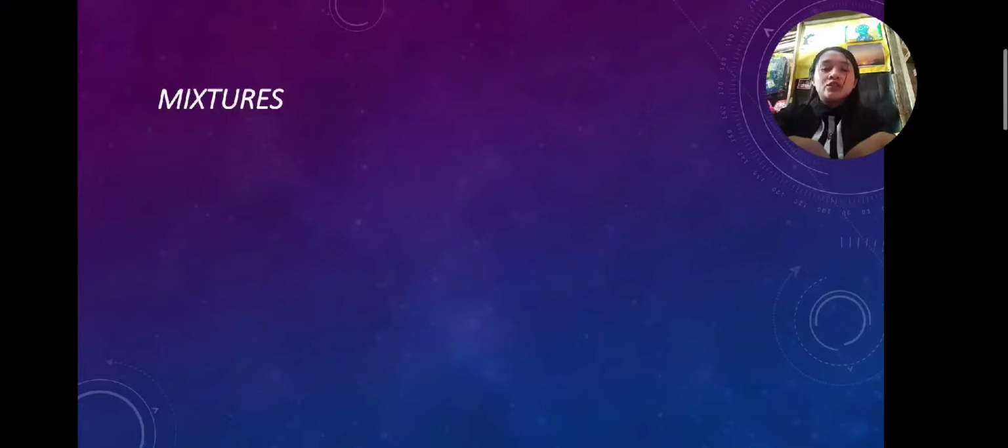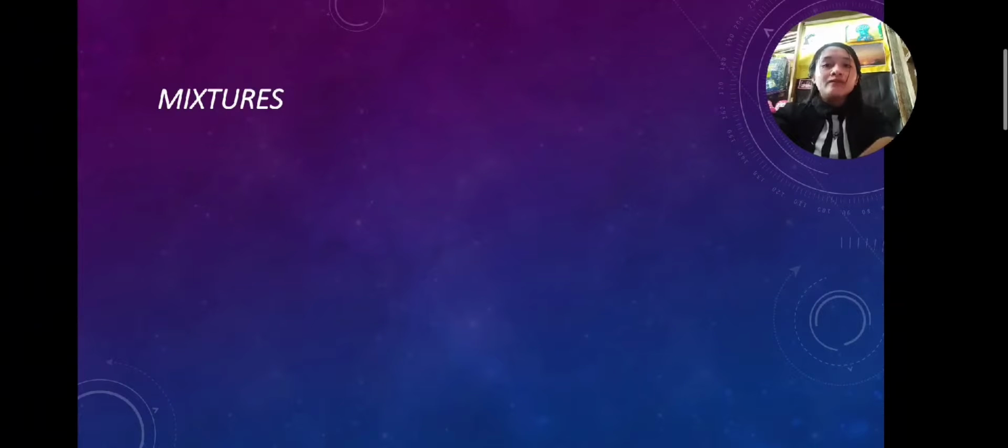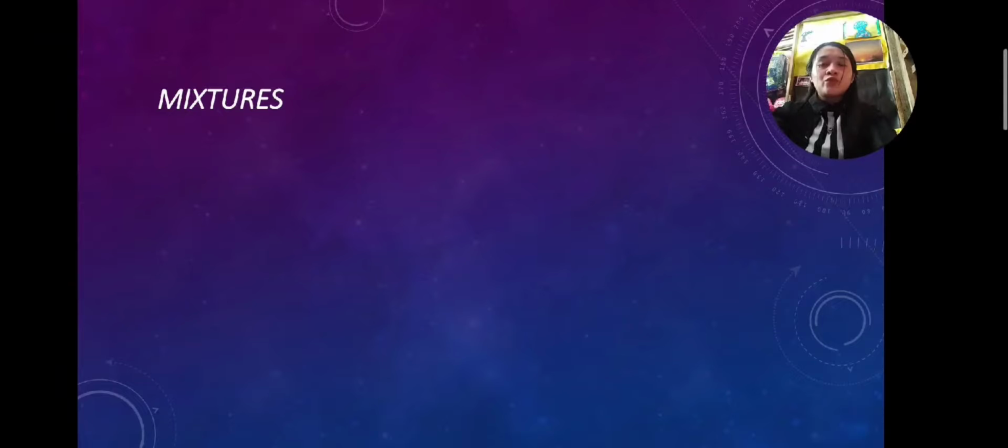Another topic in chapter 1 talks about mixtures. What comes to your mind when we say mixtures? A mixture is a physical blend of two or more components, each of which retains its own identity and properties in the mixture.